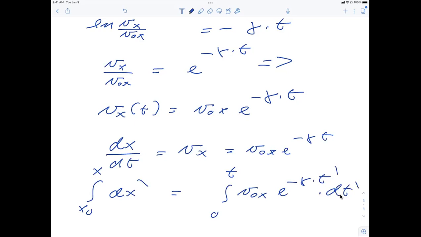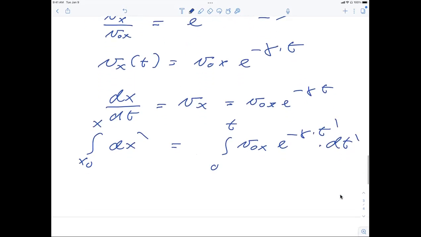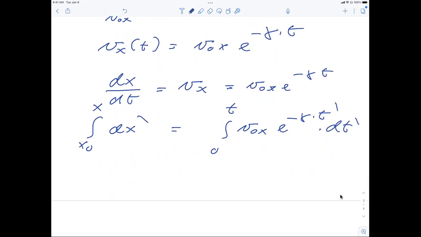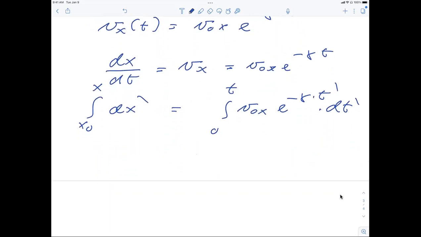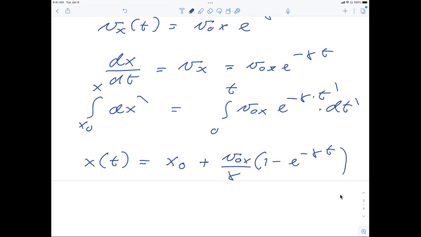I'm just integrating this up, and what I get is x of t equal to x0 plus, when I do the integration, I have to divide by gamma, and then 1 minus e to the minus gamma t.